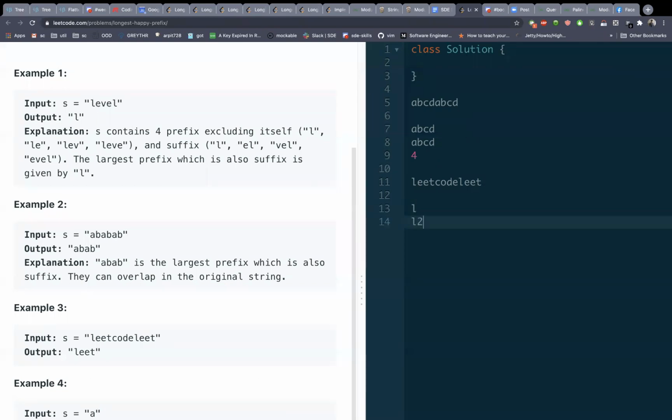L, LE, LEE, LEET, LEETC, LEETCO, D, E, right? These are all the prefixes of LeetCode. So I'll start from L, and we will not consider the last one, since we want all prefixes whose length is shorter than the actual string.